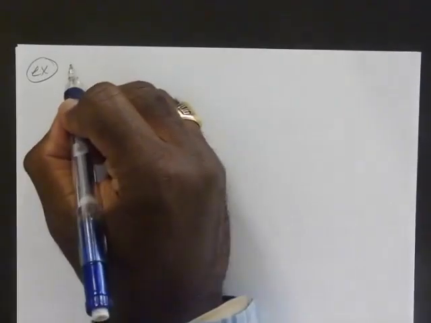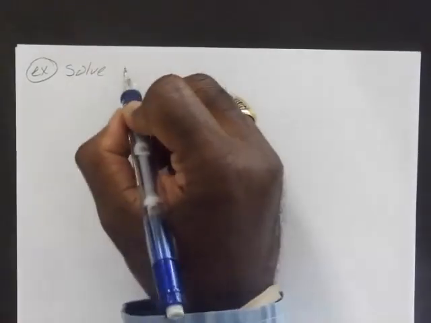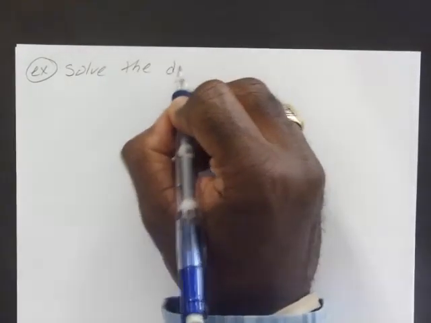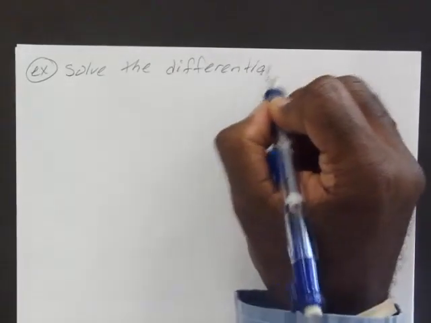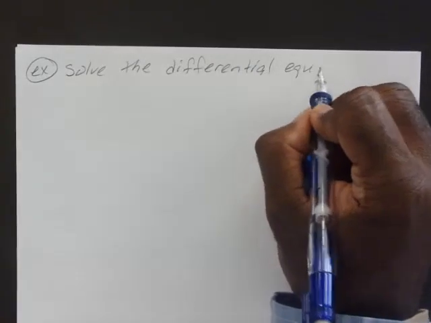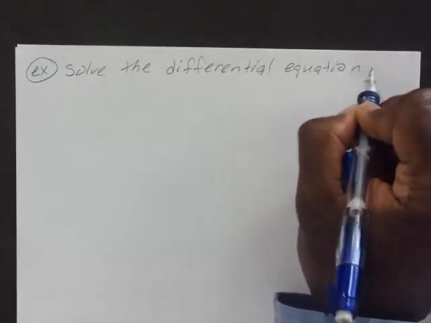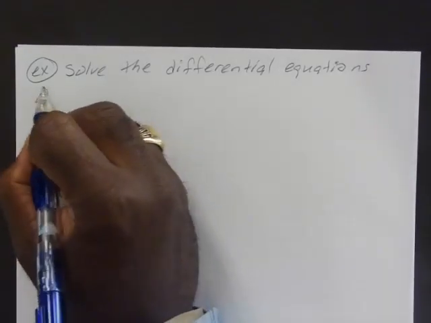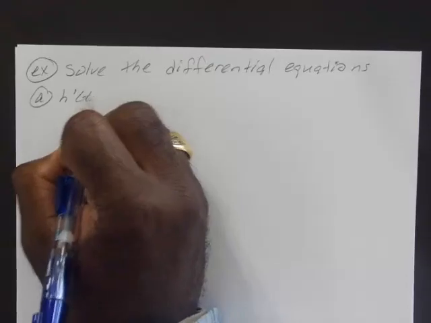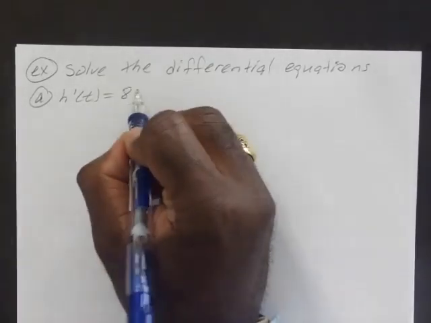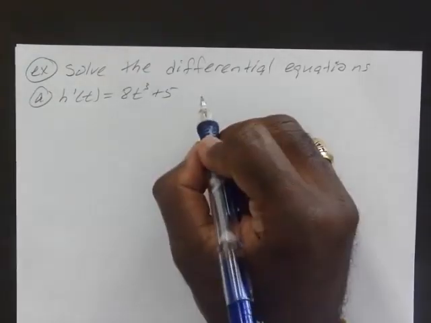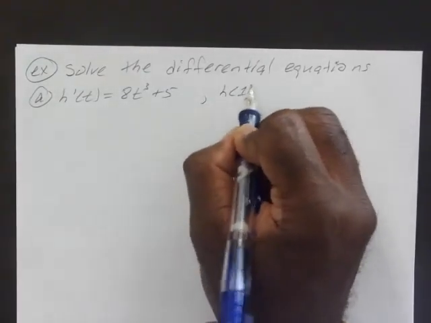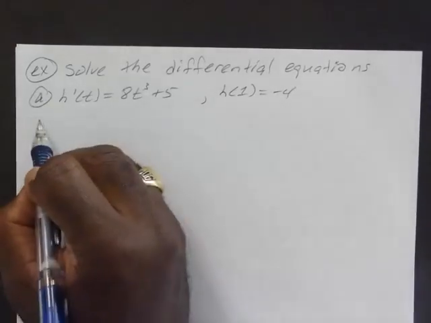Okay, so what if we wanted to solve the differential equations? Say for A, you have h prime of t is equal to 8t to the third power plus 5, given that h of 1 is equal to -4.